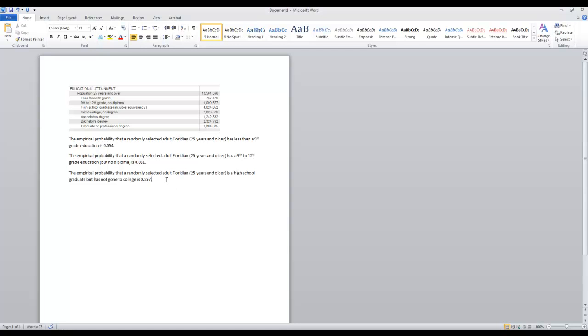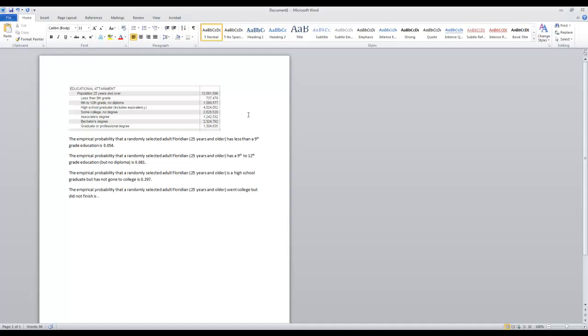Now let's see about the some college category. The empirical probability that a randomly selected adult Floridian went to college but did not finish is, okay, how many people are in that category? Well, it's that 2 million figure or so.